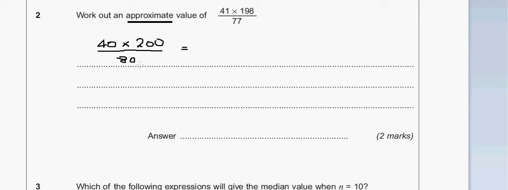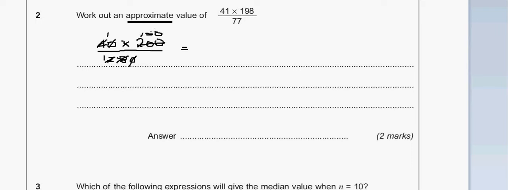Now 40 and 80, because we're multiplying here, we can cancel. So I could go 40 times 200 and then divide by 80, but I'm making things quite difficult for myself. So I can lose a 0 here and a 0 here. I know 4 goes into 4 once, and 4 goes into 8 twice, and I can see that 2 goes into 200 100 times.